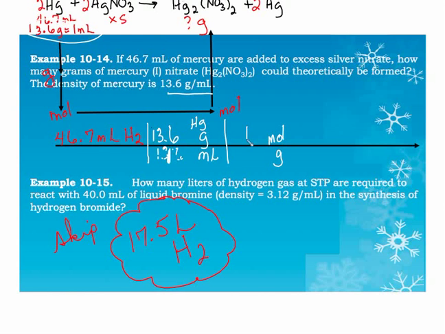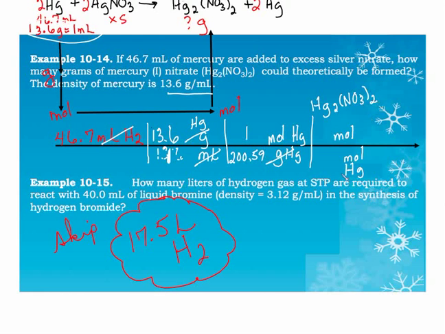Now I want to go mass to moles. Mass to moles, you've got it, molar mass: 200.59 grams of mercury for every 1 mole of mercury. Now, grams cancel, milliliters cancel. I want to go moles to moles, so I want to eliminate moles of mercury and go to moles of mercury 1 nitrate, Hg2(NO3)2.